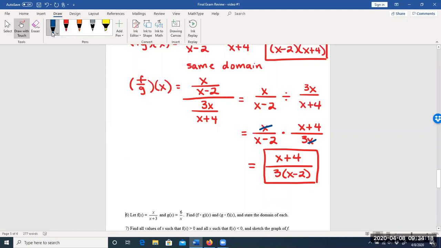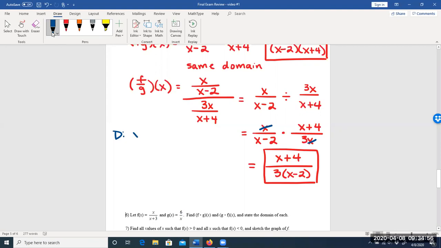Okay, let's look at the domain. So the domain of f divided by g, if we look at our final answer, we're not going to get the correct domain. We are supposed to look at the intersection of the domain of f, the domain of g, and we also have to make sure that we remove any number or numbers that would give us g of x equals 0.